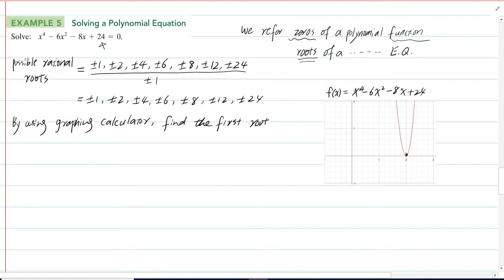Wherever you intersect your x-axis, that is your first root, which in this case is 2. So instead of trying every single one of them by hand, we'll just use our graphing calculator to find our first root, 2. So now we're going to use 2. So we're going to set this synthetic division up. So we're going to have 1.